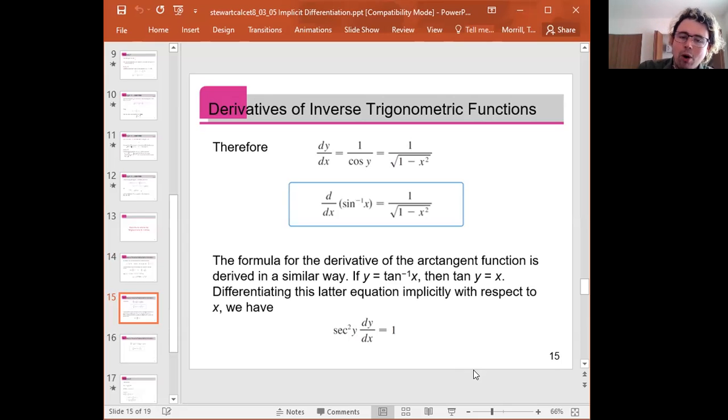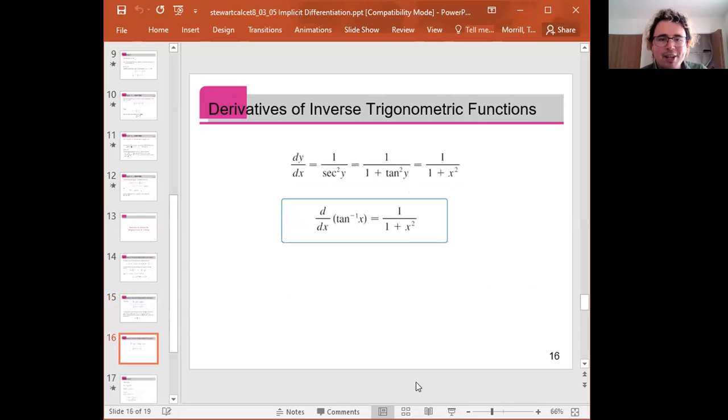Now, we'll also want derivatives for the other inverse trig functions. So for example, if we had y equals the arc tangent of x, we can do the very same trick. I'll just swap the variables and do an implicit derivative. And that tells me that dy on dx has to be 1 divided by secant squared of y.